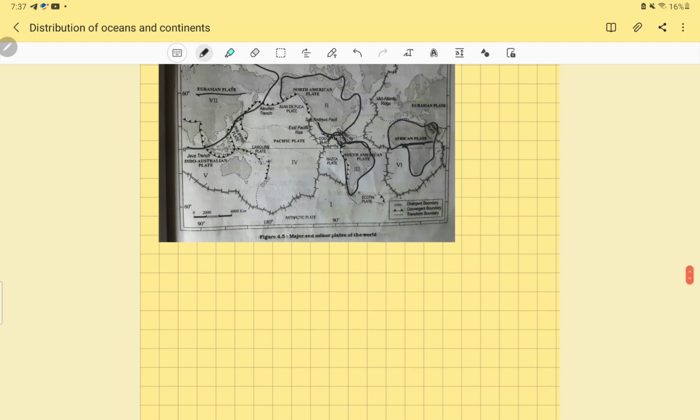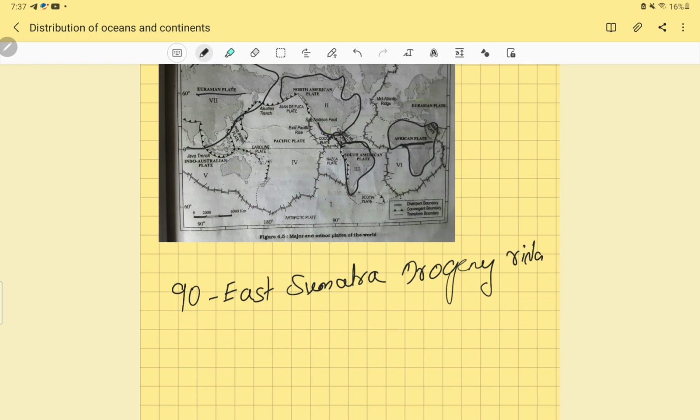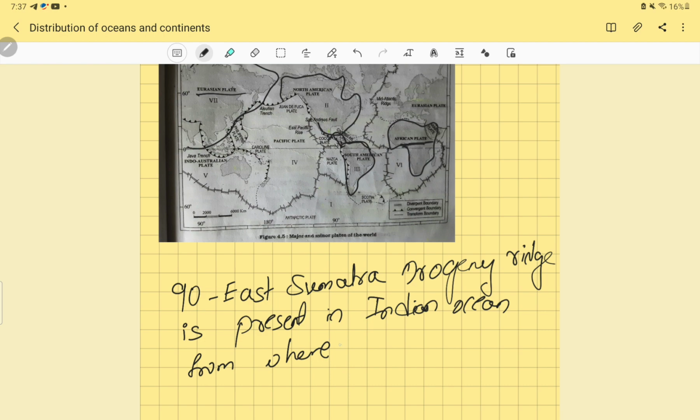I'll write it here. 90 East Sumatra orogeny ridge is present in the Indian Ocean, from where India started moving.